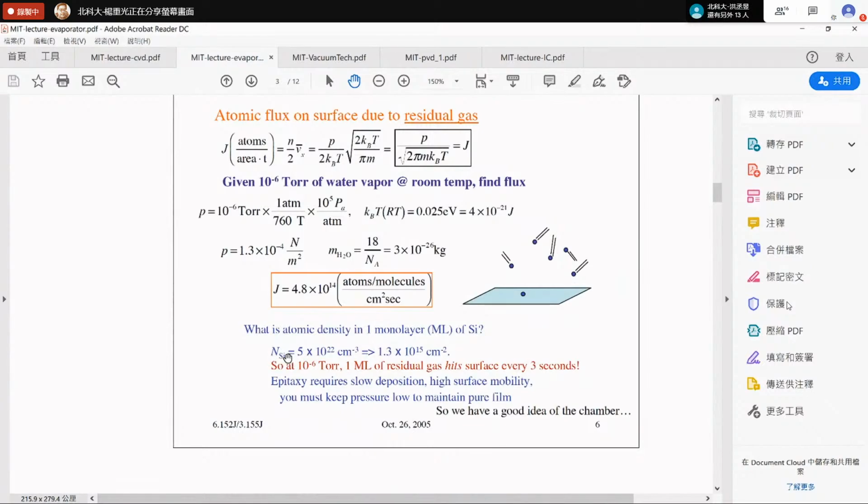And we talk about the atomic density in one monolayer of silicon. The number of silicon is 5 times 10 to the 22 per cubic centimeter. Okay, and so if one monolayer, and we understand at 10 to the minus 6 torr, one monolayer of residual gas hits the surface every 3 seconds, which means it's very difficult to keep in the ultra high vacuum.